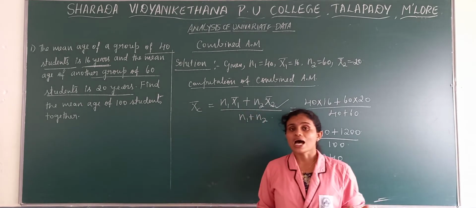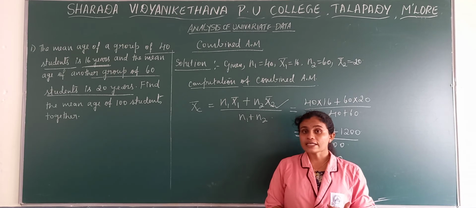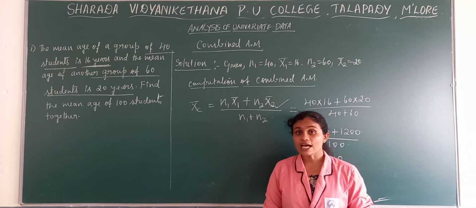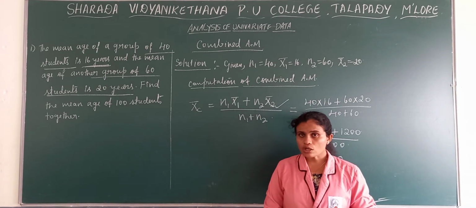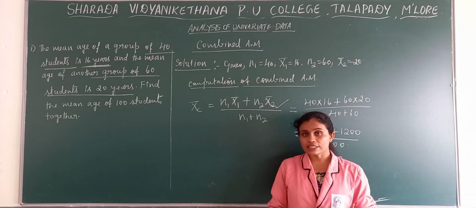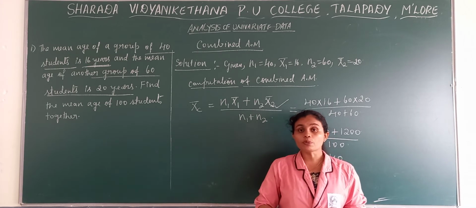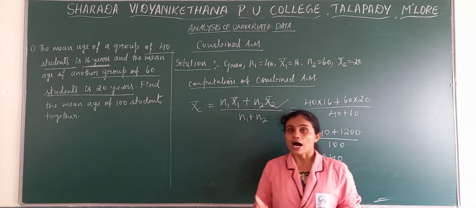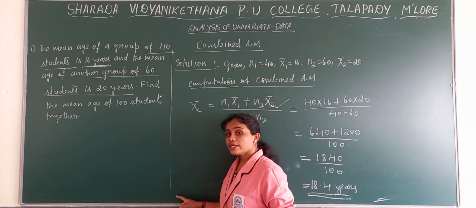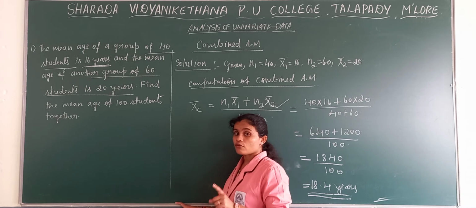We started with ungrouped data, direct and deviation formula. Then we moved towards grouped data, discrete, direct and deviation formula. Then we moved to grouped, continuous, direct and deviation formula. After that we saw the weighted arithmetic mean formula.